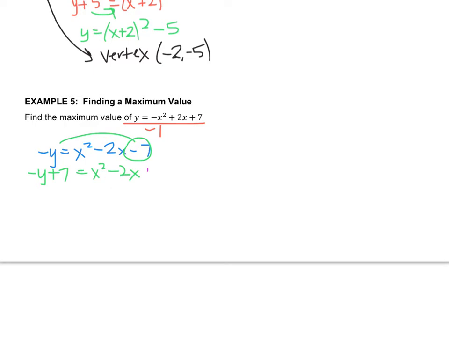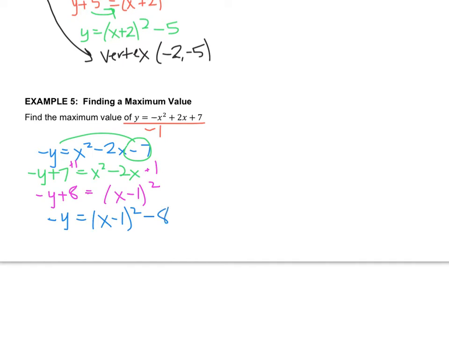So I'm going to add 1 to both sides. So that gives me -y plus 8 equals, I can factor right now, it's x minus 1 squared. Bring that 8 back over, you get -y equals x minus 1 squared minus 8.